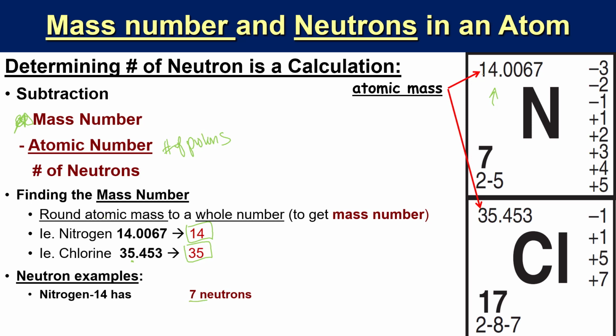Well, the mass number of nitrogen is 14, and if I take away the atomic number, which is 7 here, that gets me 7 neutrons. So you can almost look at the numbers here and say 14 minus 7 gives you 7. In this case, 35 minus 17 would get you 18 neutrons for chlorine.